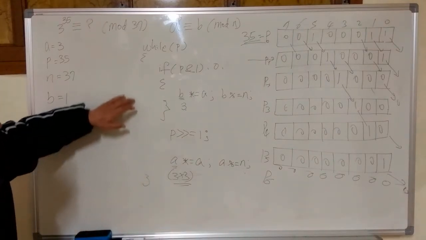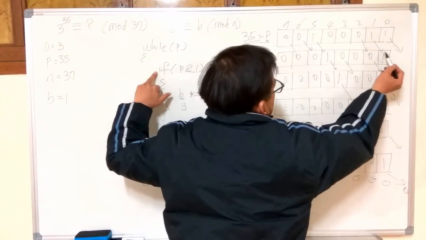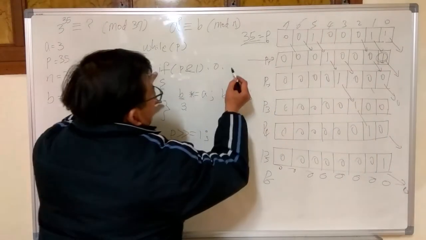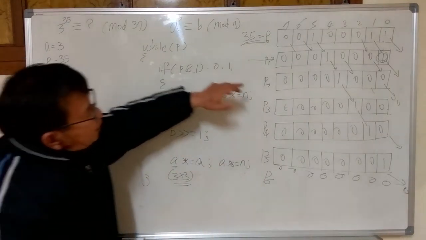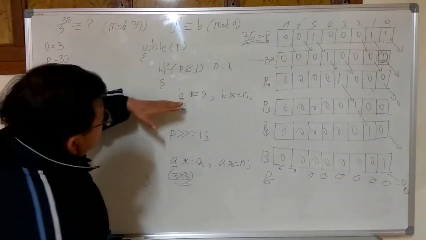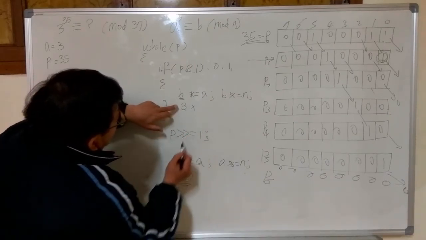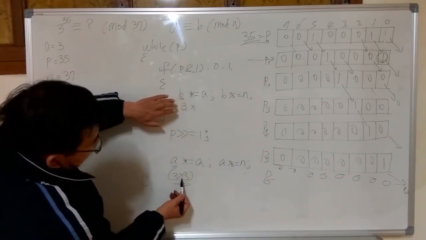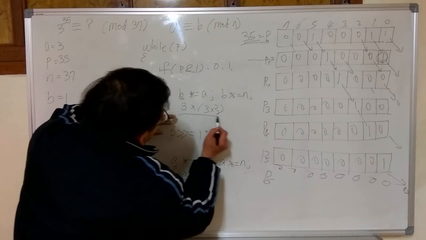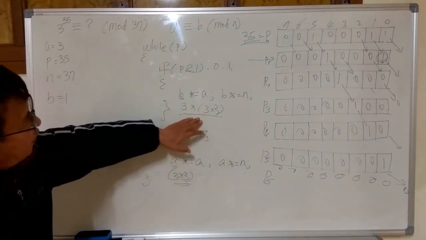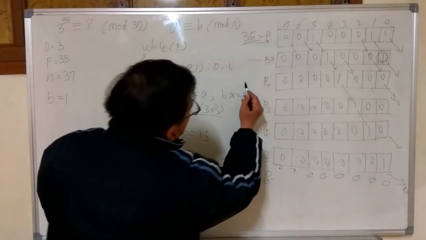So it goes back again to this point. This bit is 1, so we record 1, and this block executes again. Previous B was 3 and A is 3 times 3, so 3 times 3 times 3 is the new value of B. Then it comes down here again and shifts at this stage.